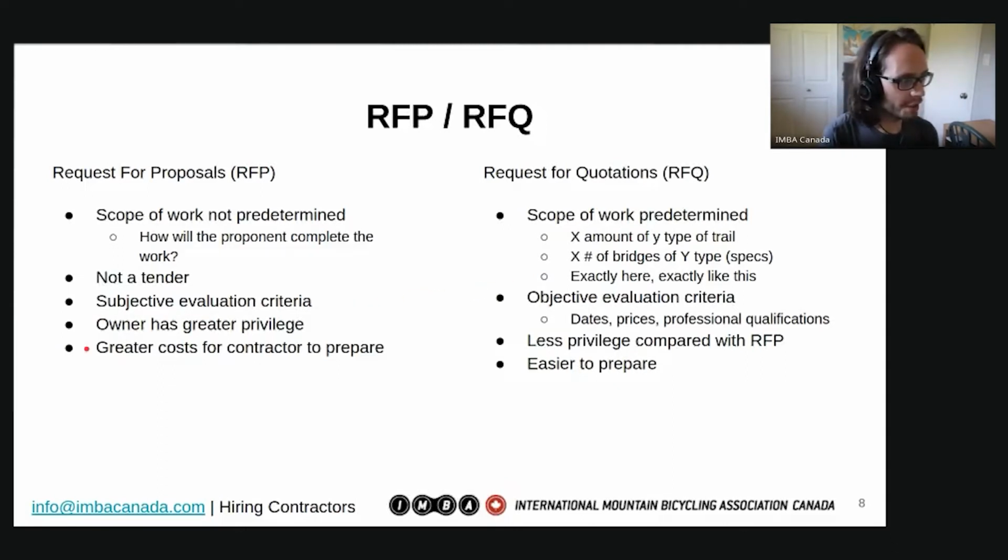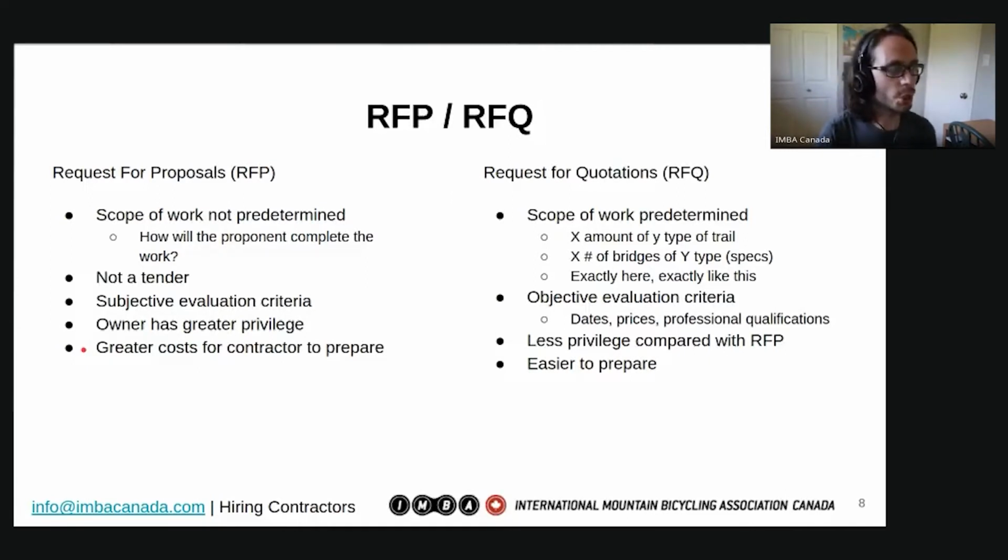And there are typically greater costs for the contractor to prepare an RFP, because not only are you asking them how much, not only are you asking them what we're looking for in the RFQ, but you're also asking them, what should I do here? What's the best thing? So we're already engaging their expertise and trying to figure out what the best outcome for a given area is.